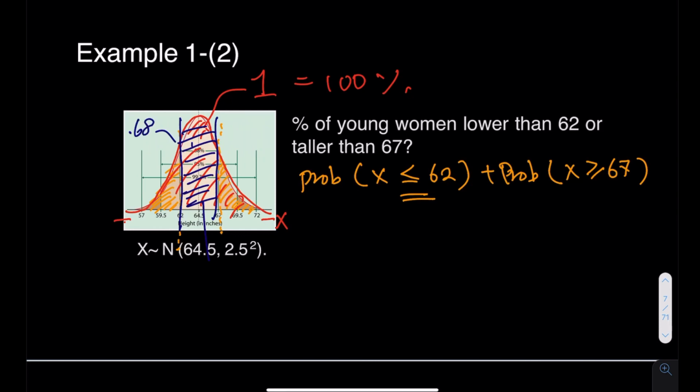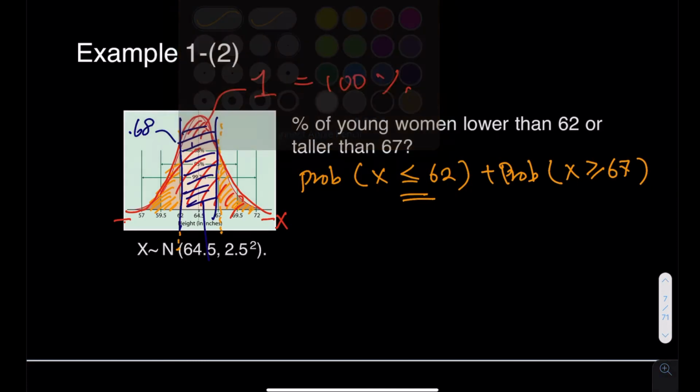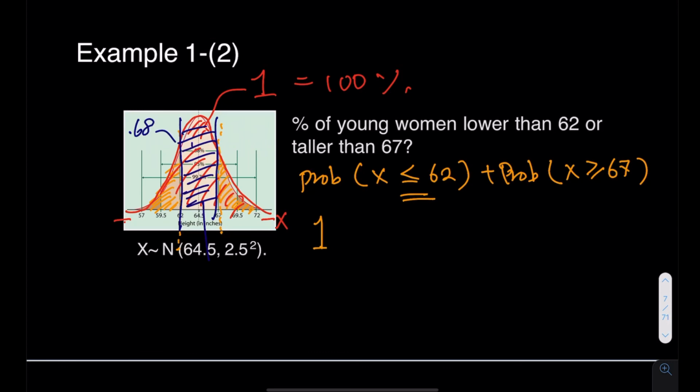So what's the area left? In this case, from the entire area, we want to subtract this blue area. So what's the blue area? 0.68. So we will get the answer 0.32 or 32%.